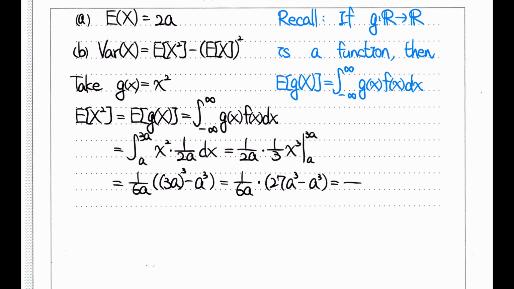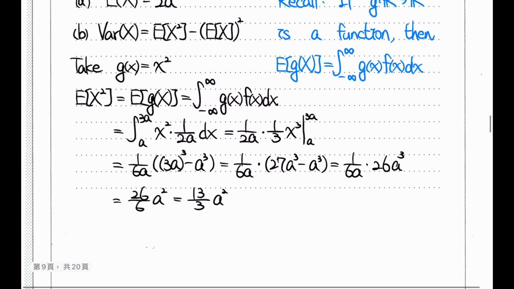So it will be 1 over 6a times 26a cubed, which is equal to 26 over 6a squared, and which is also equal to 13 over 3a squared.